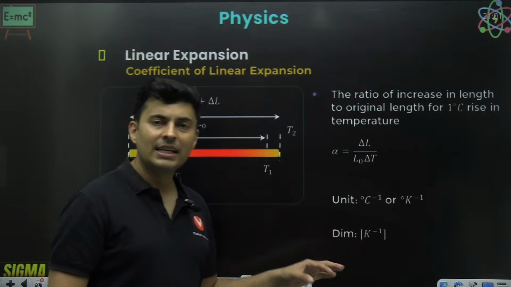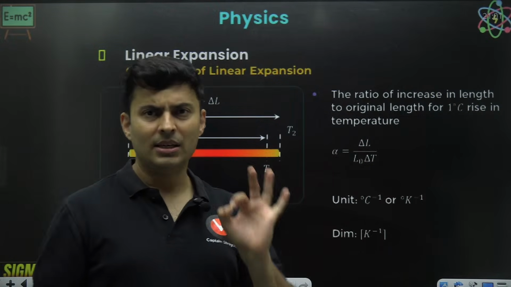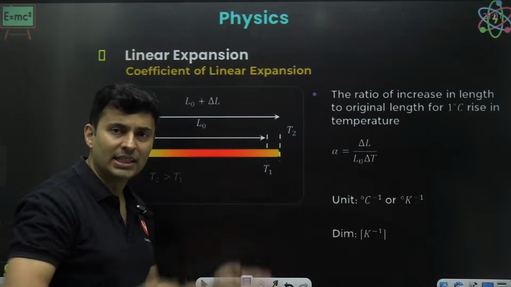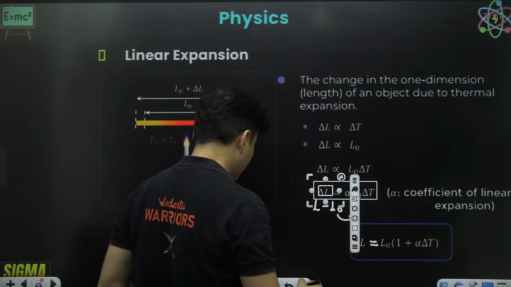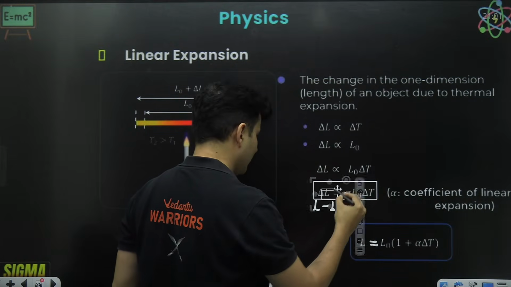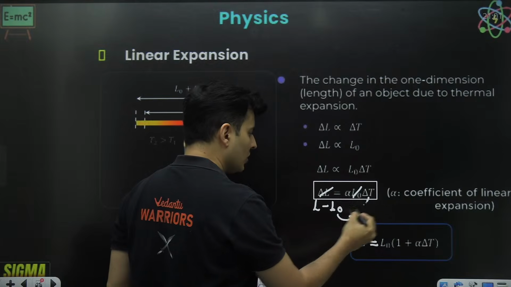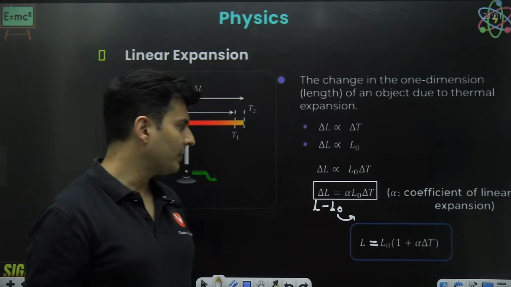So basically, dimensionally, it is inverse of the temperature, because meters and meters have got cancelled on both sides. So this delta T coming over here makes it per Celsius or per Kelvin.